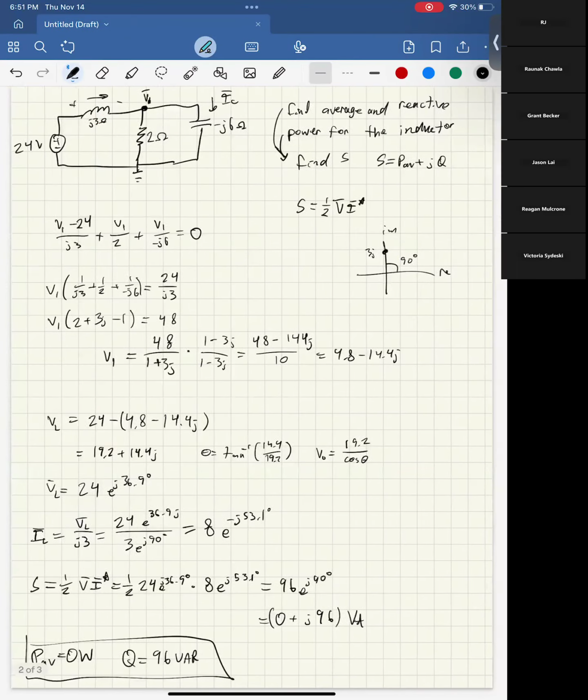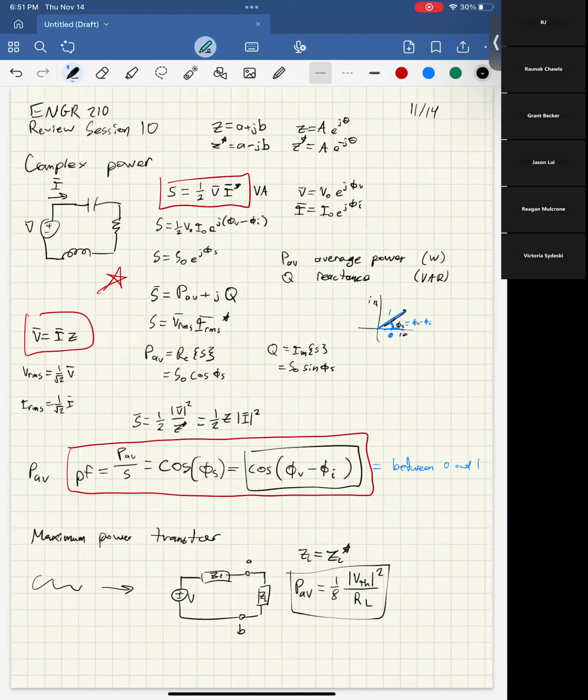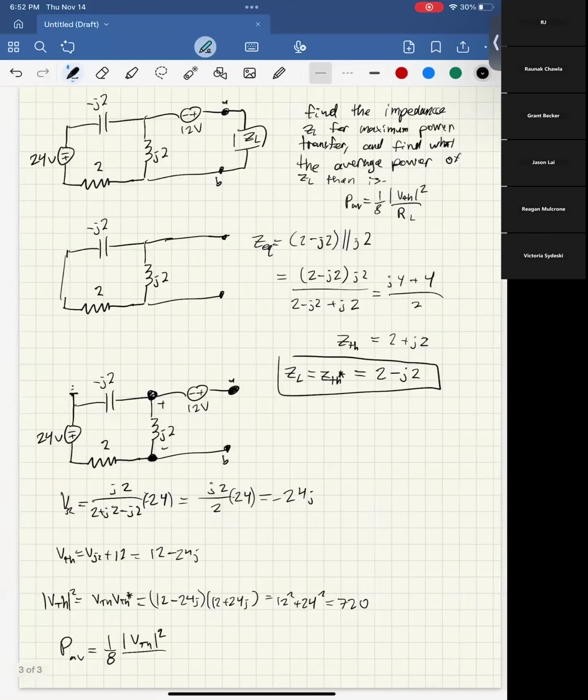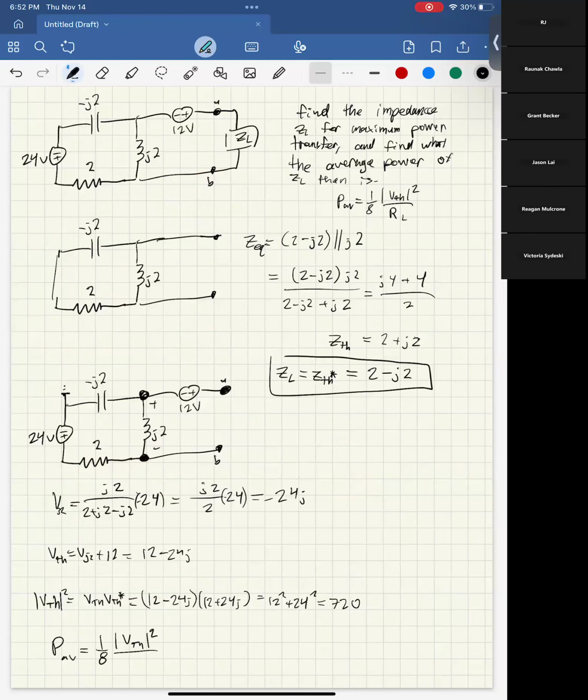If we write our impedance as ZL equals RL plus J omega L, then RL is just the resistive component for the power average. So this turns into 1/8 times 720 over 2. So 720 divided by 2 divided by 8 gets us 45 watts, and that would be your final answer here.